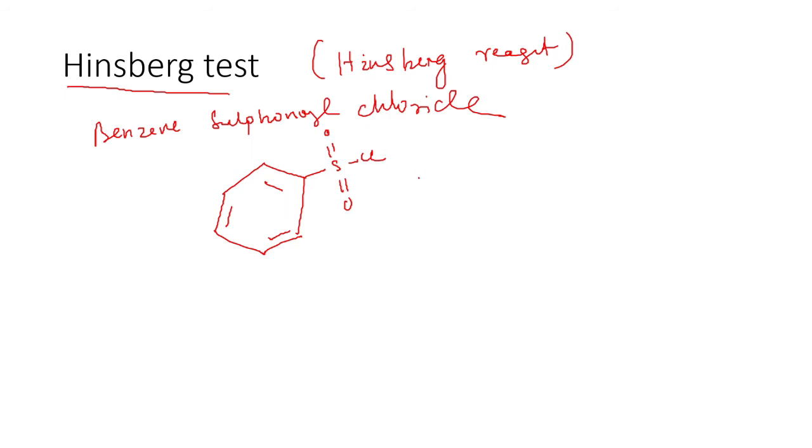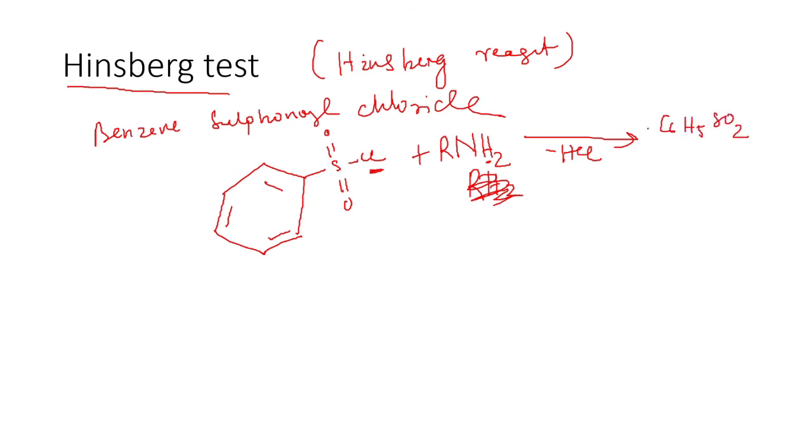When you want to react it with primary, secondary and tertiary amine, you just see what happens. Okay, so if you are taking a primary amine and you want to react it with benzene sulfonyl chloride, then basically this chlorine will mix with one of the hydrogen here and will be liberated in the form of HCl, and this C6H5SO2Cl, C6H5 stands for benzene, will get joined to NH.